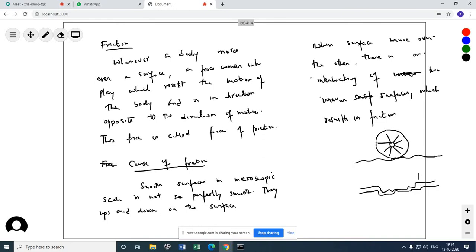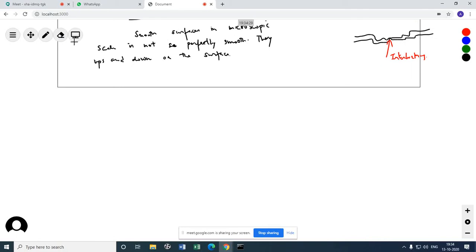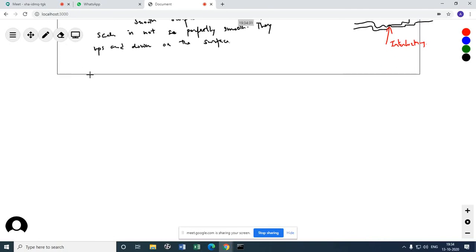So they are getting locked, interlocked. So here is the case of interlocking, and there we have consequent friction. Right? Now, frictional force. How do you write frictional force?